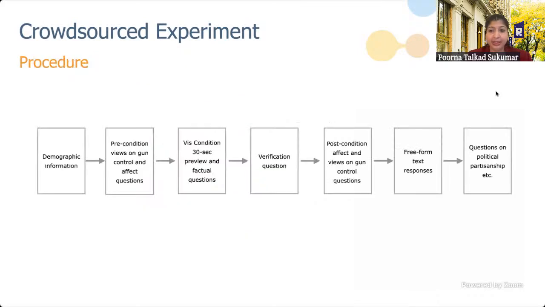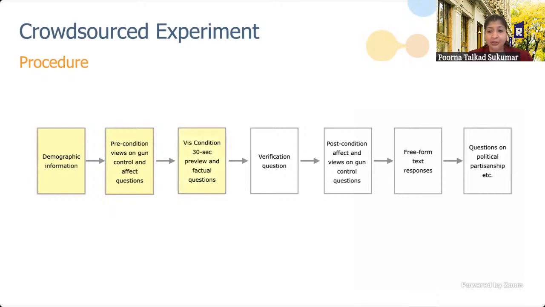And our experiment had the following stages. We first collected demographic information, and then we asked participants about their views on gun control and also measured their emotional state. We measured affect or valence or emotion using the self-assessment mannequin scale.